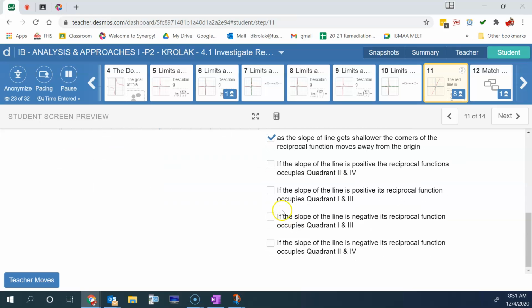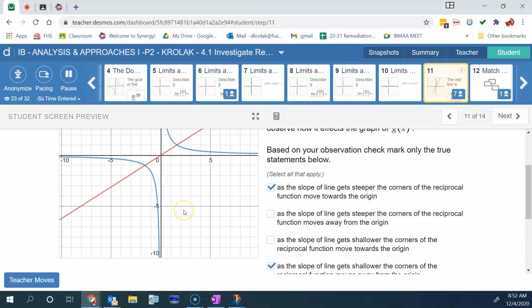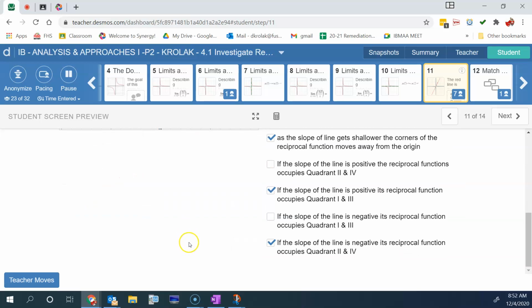So if the slope of the line is negative, the graph is in 2 and 4, and if it's positive, it's in 1 and 3. And there are your true statements.